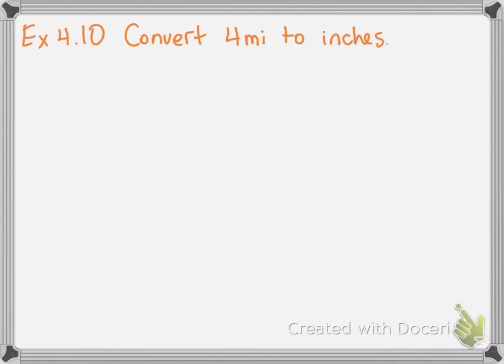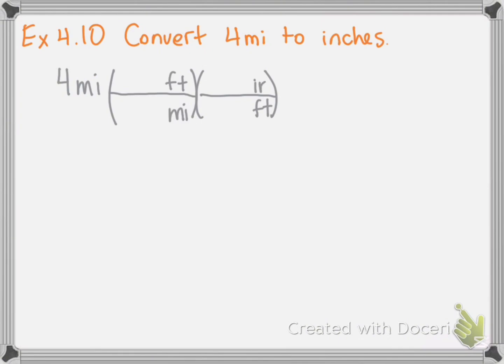The last one here is to go from miles to inches. So that one is within the same system, the American system, but again, we don't know how many inches are in a mile. So you have to go from miles to feet, and then from feet to inches. Okay? Remember, what is on the top goes on the bottom.